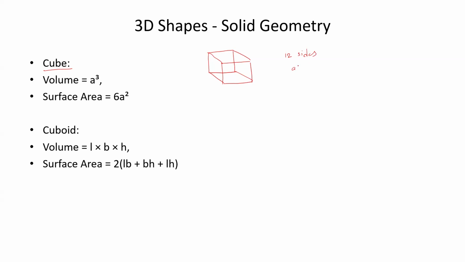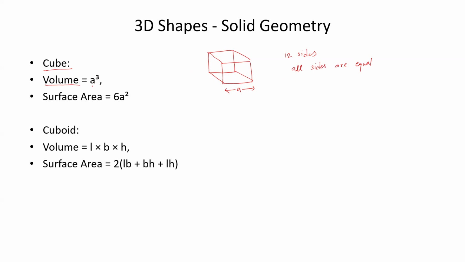And all sides are equal. So let me call one side A. So A is a side of a cube. So if A is given, you can calculate the volume of a cube as A cube. So this is the formula.